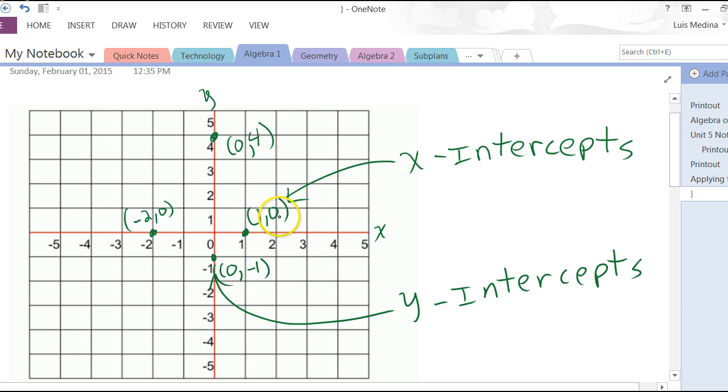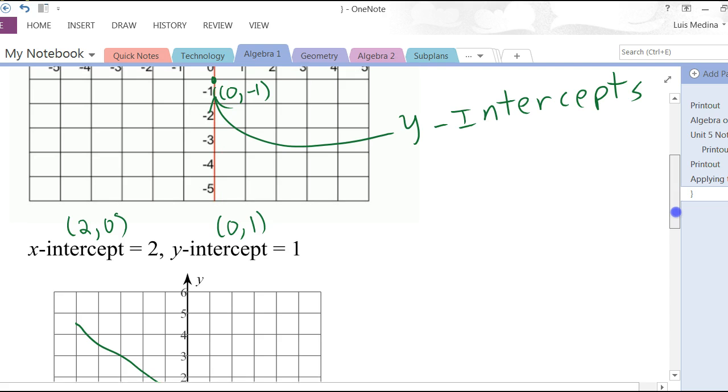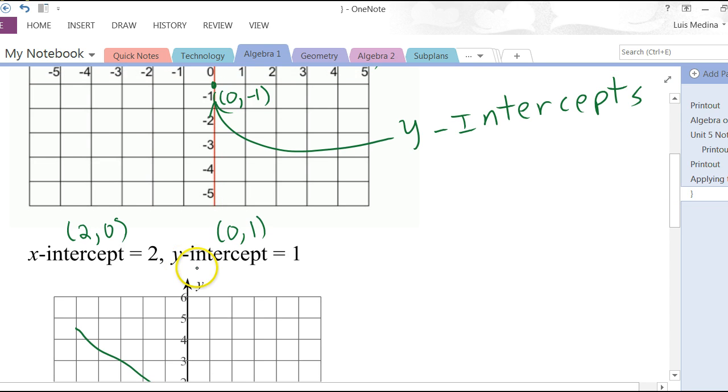The opposite is for the x-intercepts. The y's are all zeros. No matter where you put them over the x, the y is always going to be zero, and there's always going to be a number allocated for the x. Okay, and that's how I ended up doing this here. That's why I know the y-intercept is 0, 1, and my x-intercept is 2 and 0. Okay, that's how you do that one.